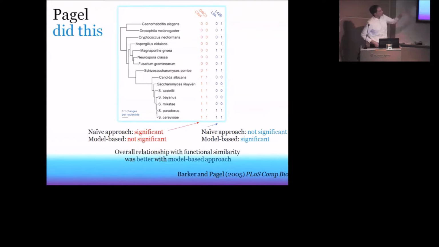And so in this case, it's kind of easy to see that it's not really that impressive a distribution when you can explain it so well in a tree. The blue example is the flip side, right? Where the naive approach, you look at that and you look at the bitwise differences, and there are not that many. But because of the way they're distributed through the tree, the model-based approach says, wait a minute, these are several independent events, so this is actually pretty unlikely.